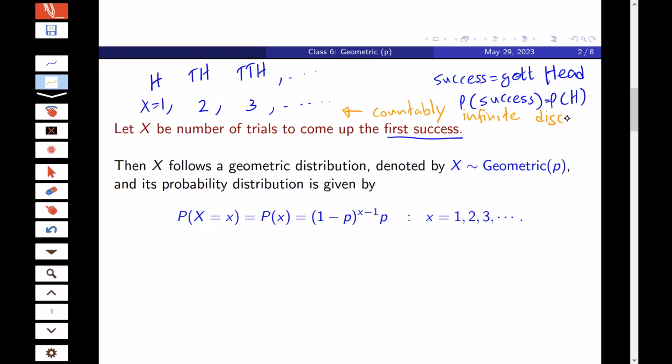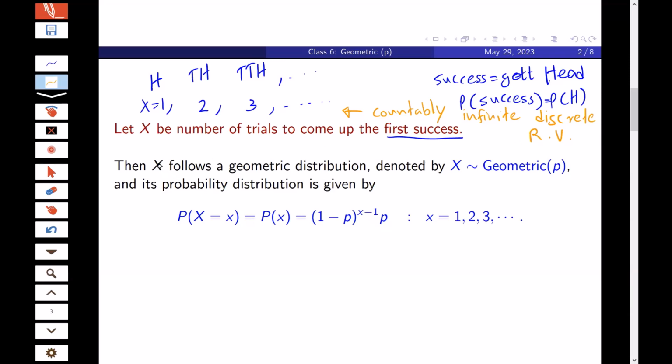That means it's a discrete random variable. The geometric distribution is about when your random variable takes countably infinitely many discrete values.